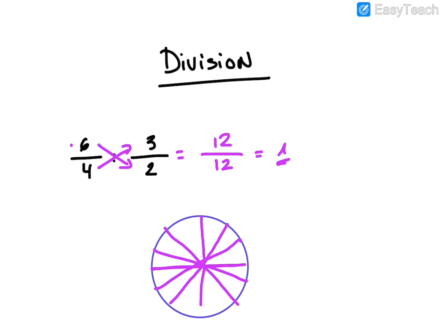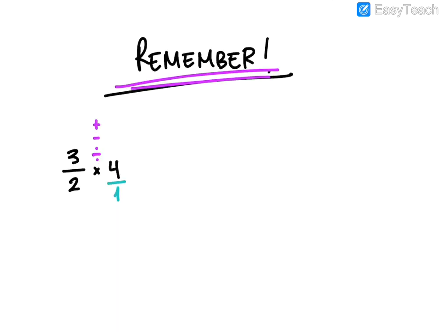I'm going to cancel. Taking into account that this is a number 1, but it's hidden. So in this case, this would be really easy, because this is a multiplication. 3 times 4 is 12, and we've got just a number 2. This is 2.